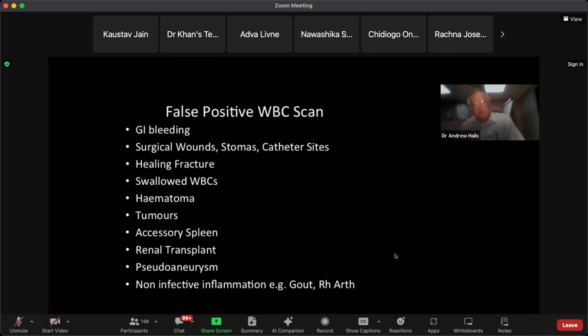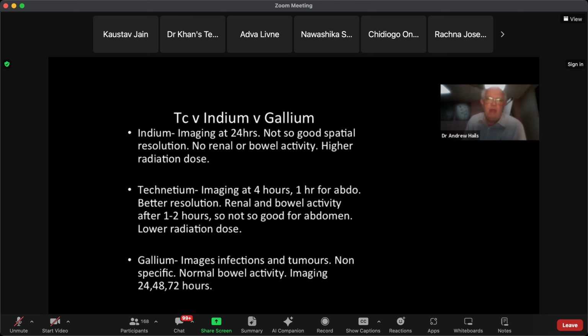And false positives, without going into too much detail, basically anywhere where white cells will go, for example, if you've got a stoma, if you've got a line going in somewhere, it doesn't have to be infected, it will take up the white cells. So all these things will take up the white cells, but not really what you're looking for. So various tumours, hematomas. Yeah. It's just anywhere where white cells will go will show up on a white cell scan, basically.